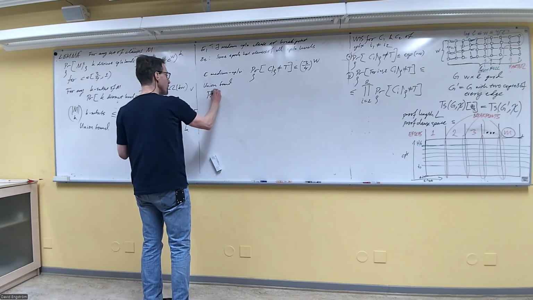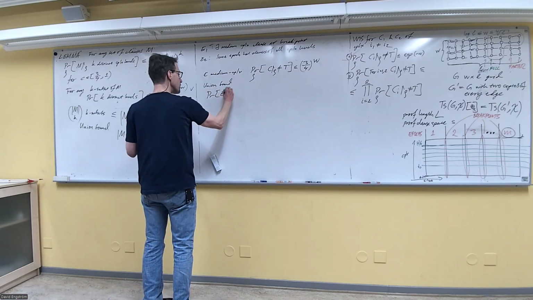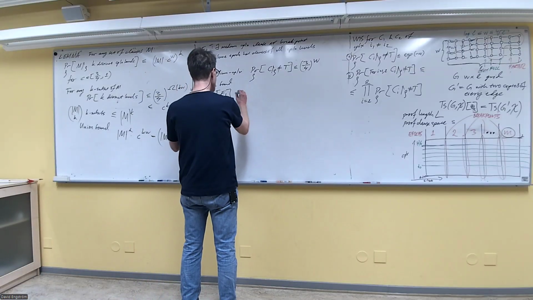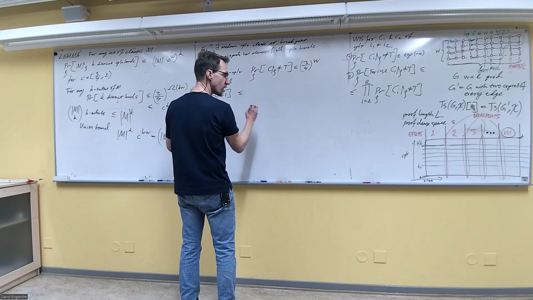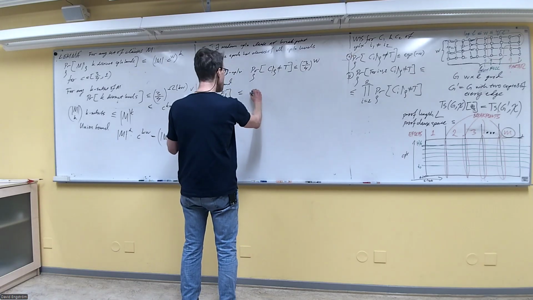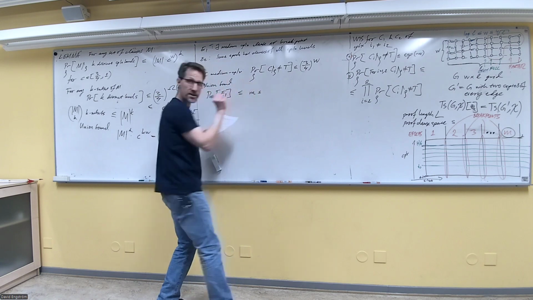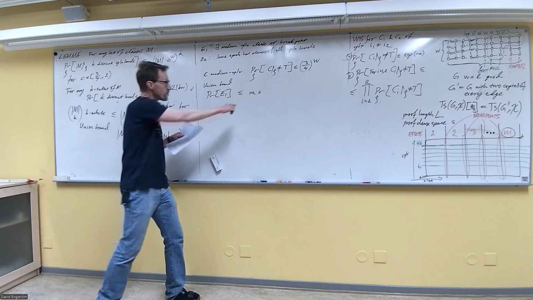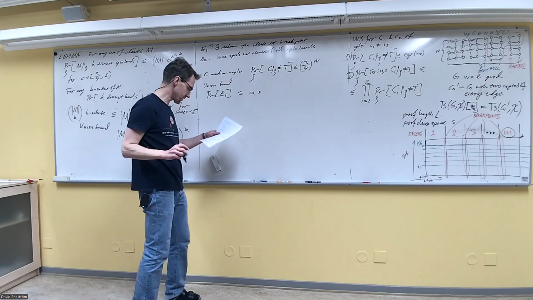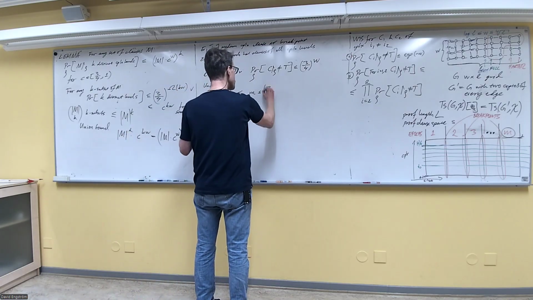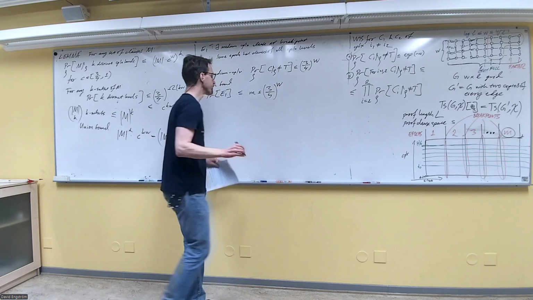we say that the probability of E1 is at most, how many breakpoints do we have? We have M breakpoints. We have at most s clauses at every breakpoint, so this is where I'm using limited space. Times (3/4)^W.